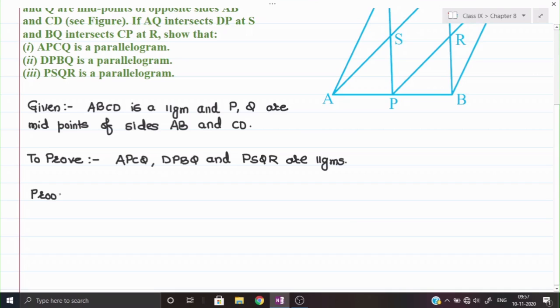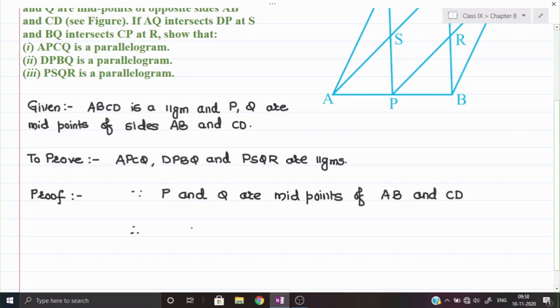Only the two ways I told you in the beginning you need to remember. First, we shall write down, since P and Q are midpoints of AB and CD, therefore we can say that AP will be half of AB.